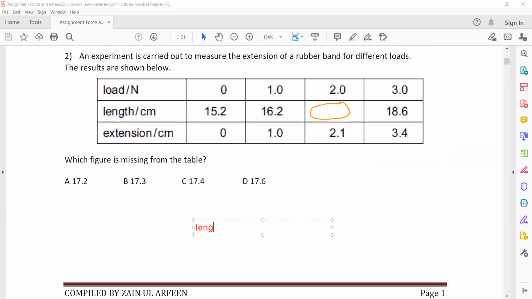So the total length of a spring is equal to original length plus extension. Original length means length without a load, so originally it was 15.2, and the extension is 2.1. So the length is 15.2 plus 2.1, which equals 17.3.